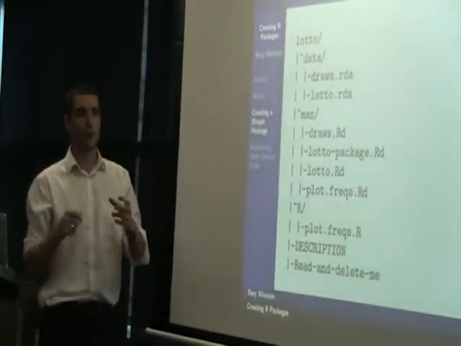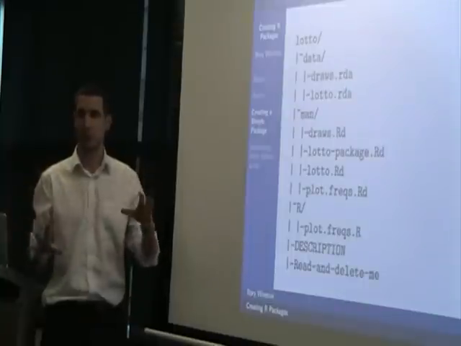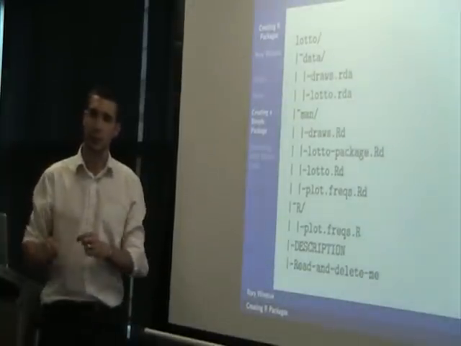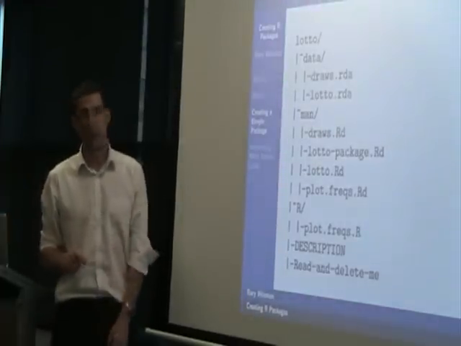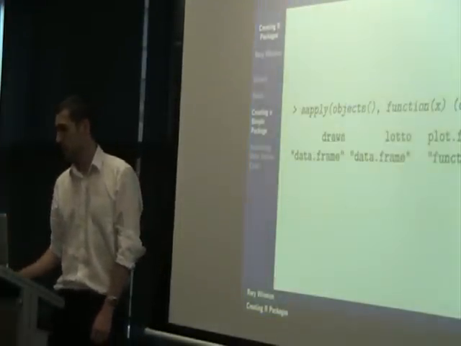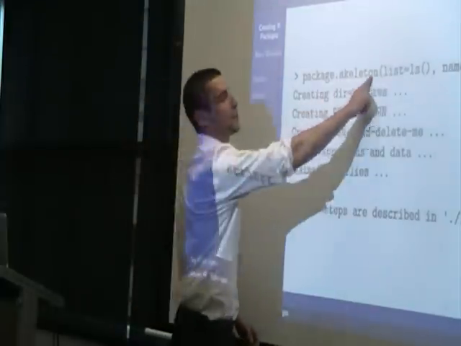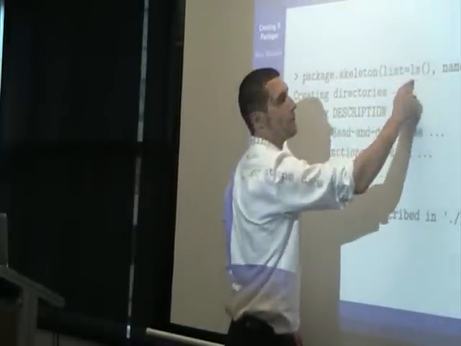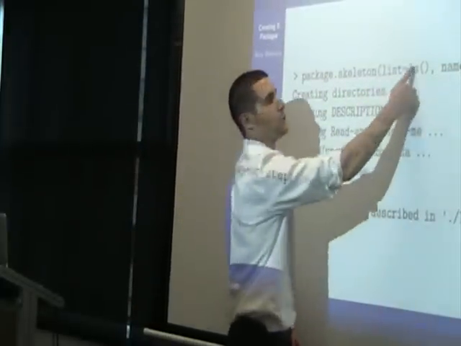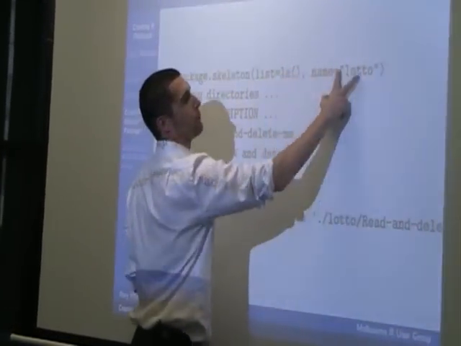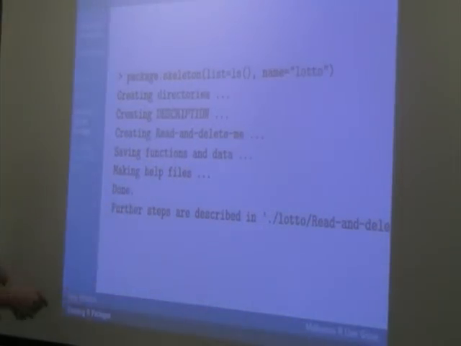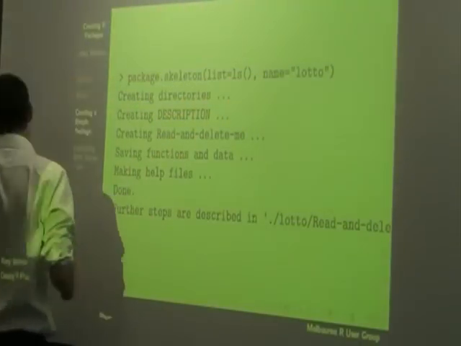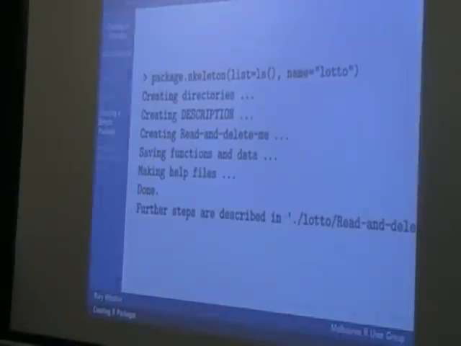Oh, if you have got a workspace and it's full of lots of different objects, and you want to create a package, but you only want to create it from a subset of the objects in there, then when you run this package skeleton command, instead of saying list equals everything, you would just pass it a vector of names. And so for each object you want to put into the package, you can say exactly which ones you want. Because I'm starting from scratch, I can just do it the easy way.